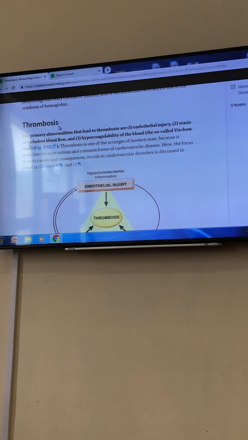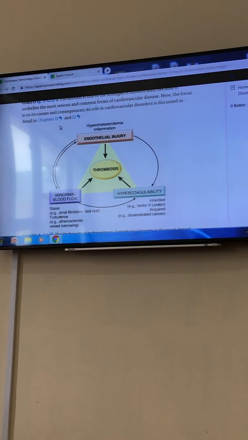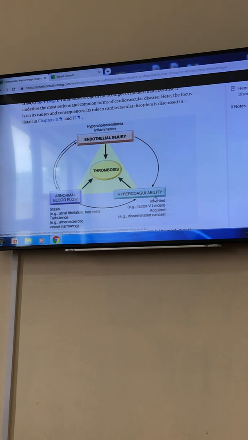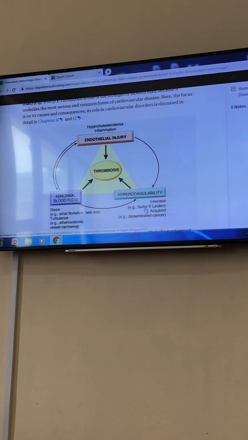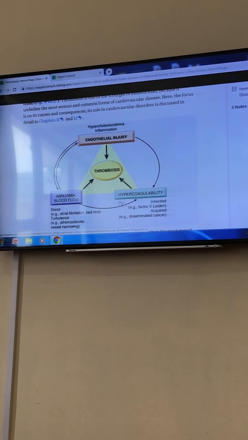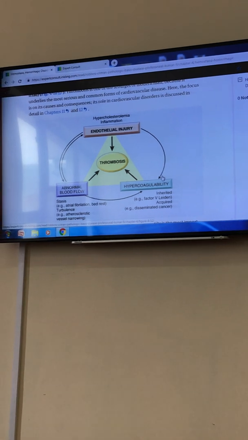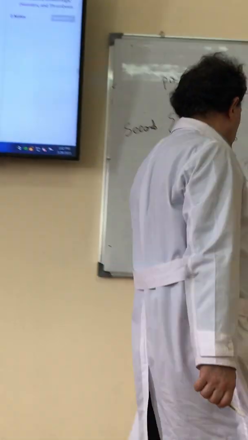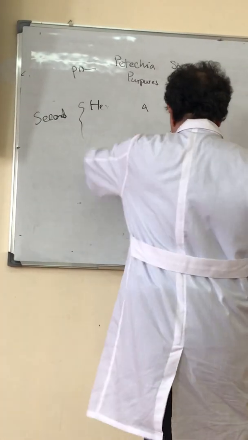So thrombosis is due to a problem in endothelial cells, a hypercoagulability state, or abnormal blood flow. These three are called Virchow triad. It's like a triangle.